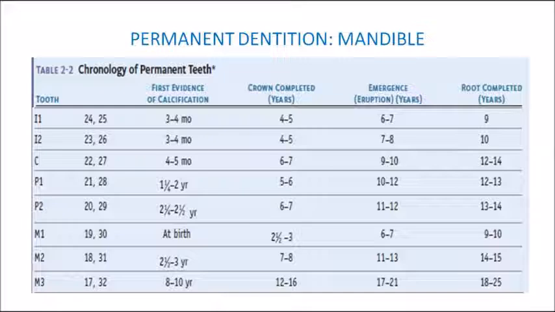So mandibular canines are erupting before the mandibular premolars, that is both first and second premolars. The canines are erupting at the age of 9 to 10 years, whereas in the upper arch the canines are erupting only after the eruption of the first premolars. So that's an important difference in the upper and lower arch.